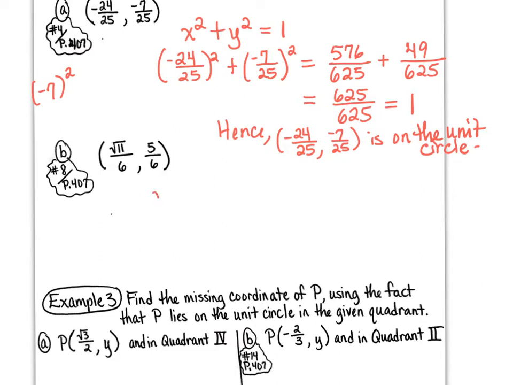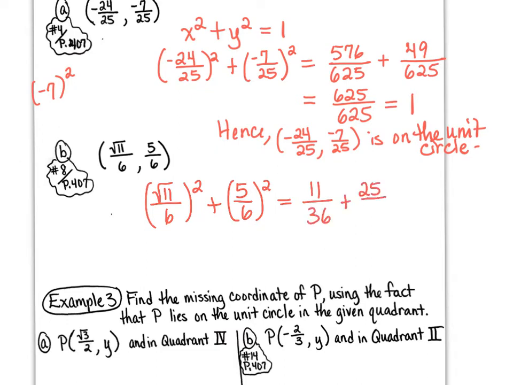Square root of 11 over 6 squared, good, plus 5 over 6 squared. Good. That comes out to 11 over 36 plus 25 over 36, good. That equals 1 because you have 36 over 36.